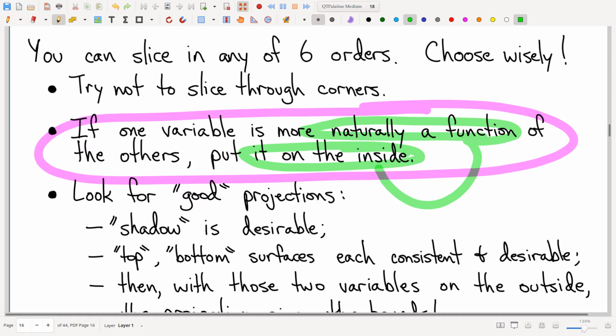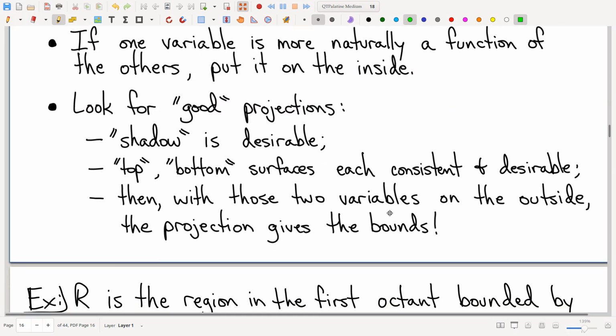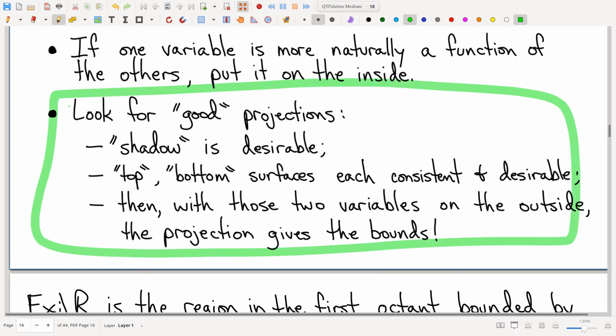So again, this is just basic strategy: don't paint yourself into a corner in some undesirable way. This last little bit isn't going to make sense until I show you an example. So for the moment, we're going to come back to this. We're going to motivate this bullet point through the following example.